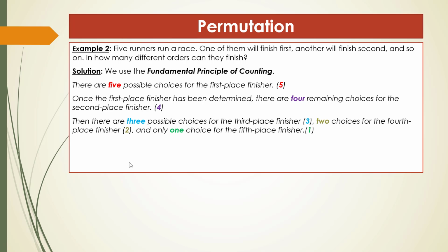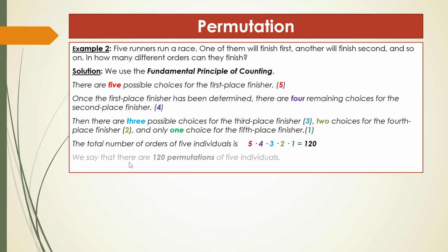And similarly, there are only 3 possible choices for the third operation, 2 choices for the fourth operation, and only 1 choice left for the last operation. So by the fundamental principle of counting, the total number of orders of 5 individuals is 5 times 4 times 3 times 2 times 1, and the answer is 120. So we say that there are 120 permutations of 5 individuals.